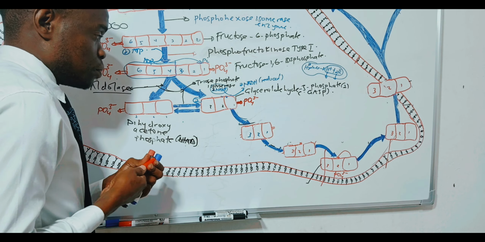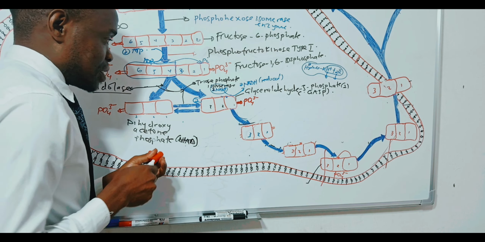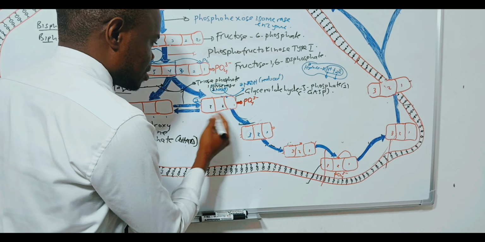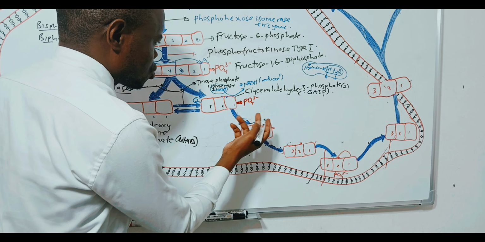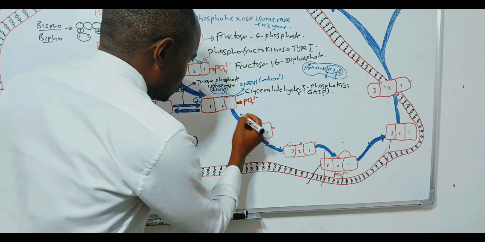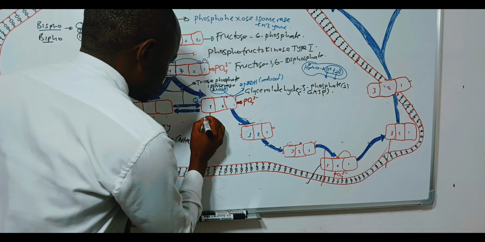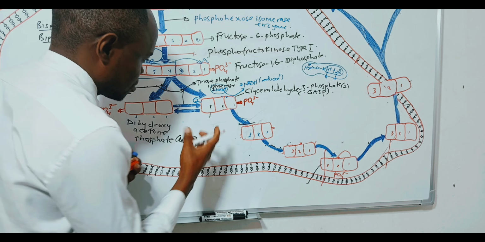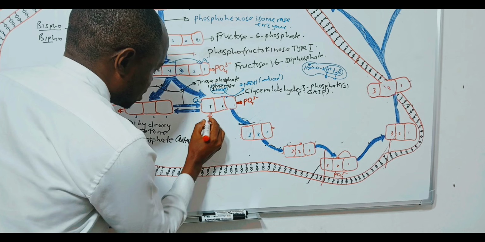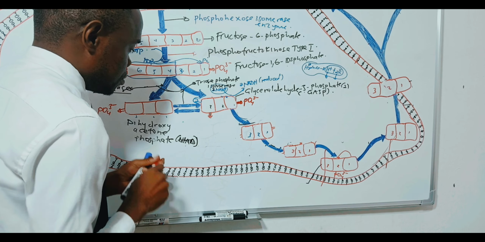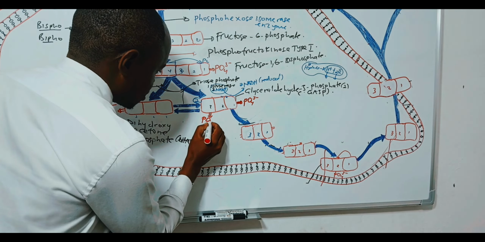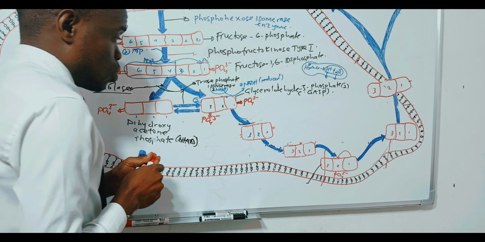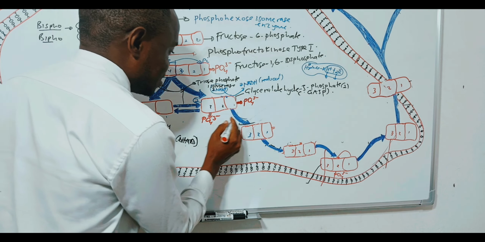So this one not only goes through dehydrogenation, we also undergo some kind of reaction, which is called phosphorylation. The phosphate is going to be added on carbon number 3. This is carbon number 1. So a phosphate is going to be added here. We shall have something like this, the phosphate has been added here. How is this phosphate going to be added here?